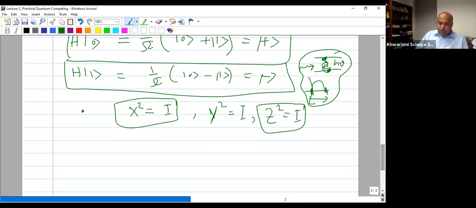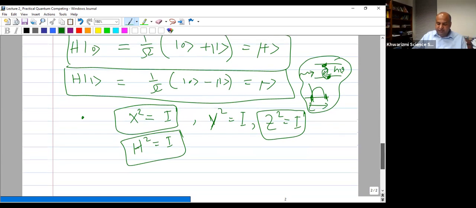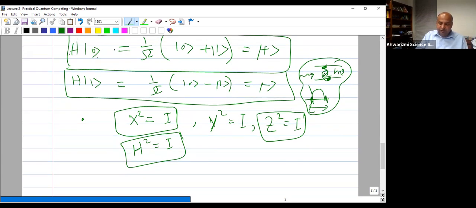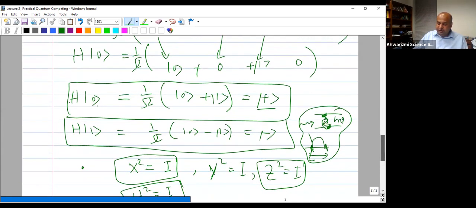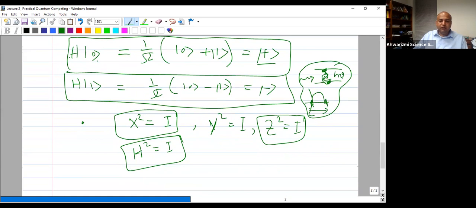This Hadamard gate actually shares the same property as well. If I apply the Hadamard gate twice, we get identity. And we can easily check. For example, Hadamard applied to 0 gives us plus, and I checked it with this operator form. I encourage you to check it yourself as well: if we apply this Hadamard gate to the plus state, it goes to 0, and if we apply Hadamard to the minus state, it goes to 1.